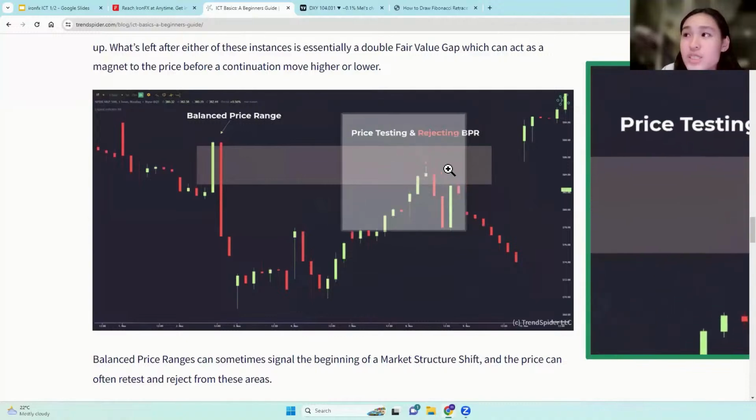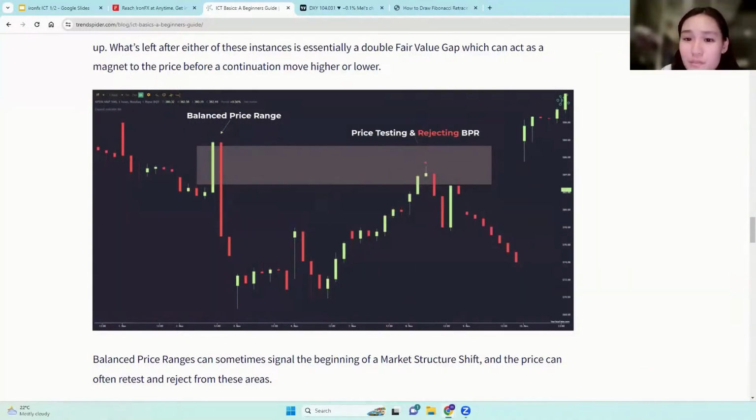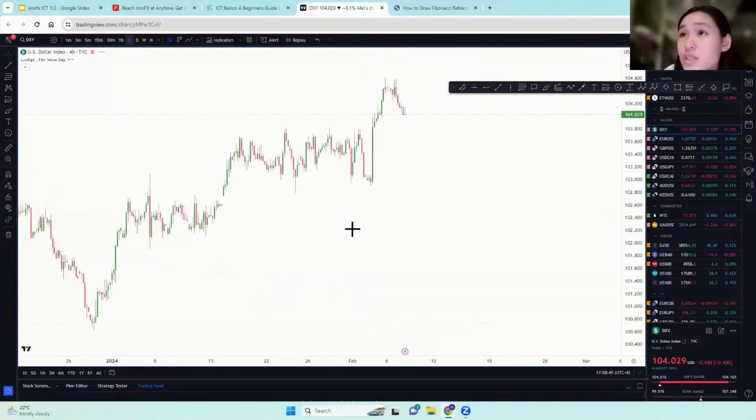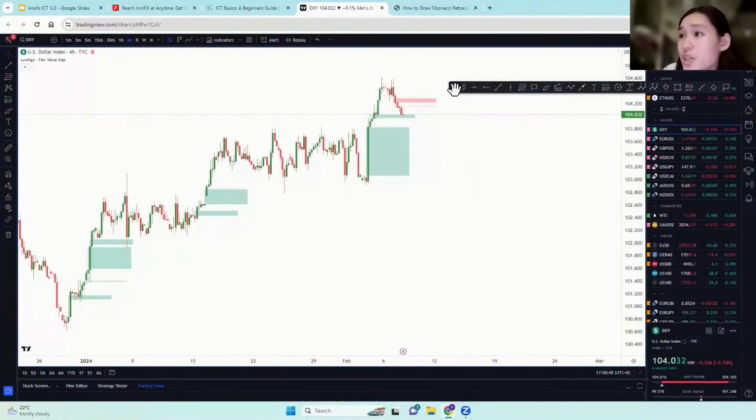It tends to be attracted to such areas and then reverses off of it. Let me go back to my chart here.